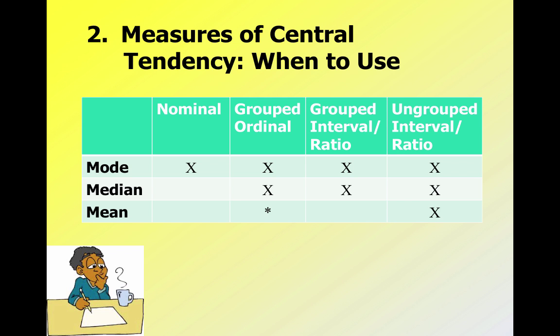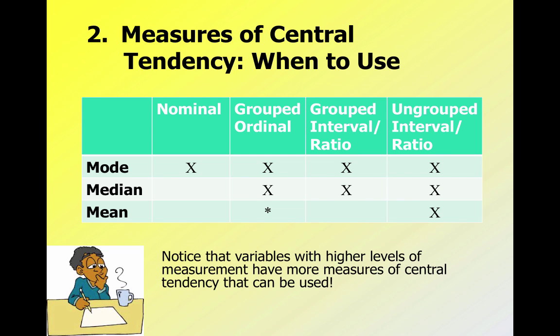But again, as we talked about at the end of last week's material, we can have grouped or ungrouped interval ratio variables, where grouped is simply what is your income, 0 to 100,000, or what is your age, 18 to 24, 25 to 30. Whereas ungrouped is simply what is your income, and you give me a number, or what is your age, and you give me a number. And so as we can see, when we have ungrouped interval ratio variables, we can actually report the mean, median, and the mode. But when we have grouped interval ratio variables, even though they are quantitative, we can only report the mode and the median because we're working with groups now.